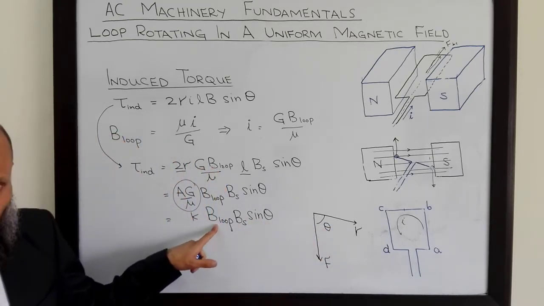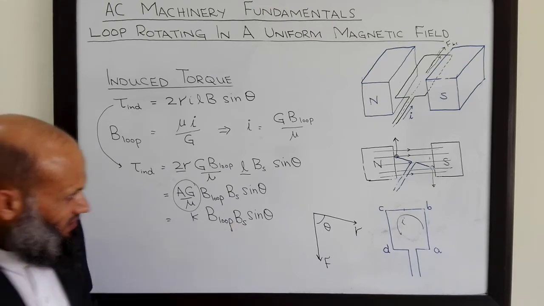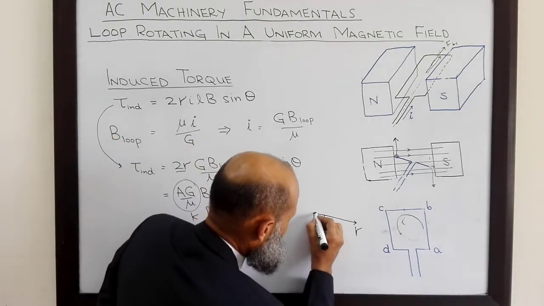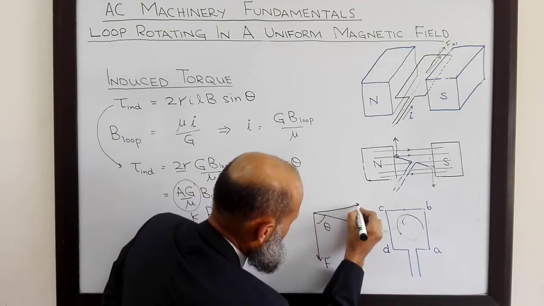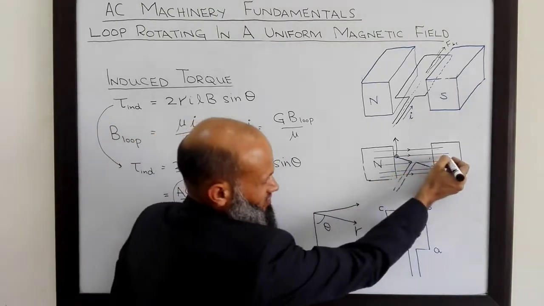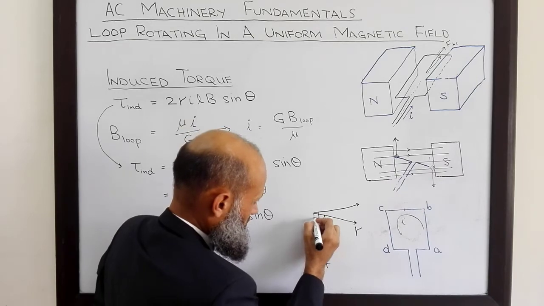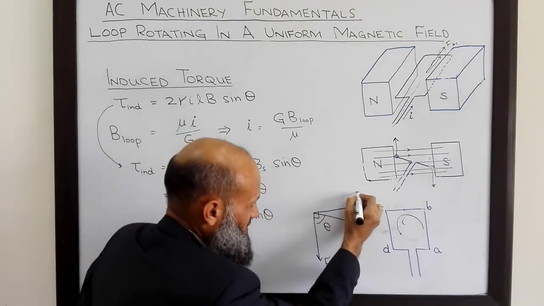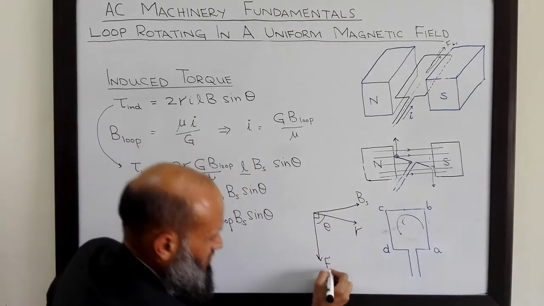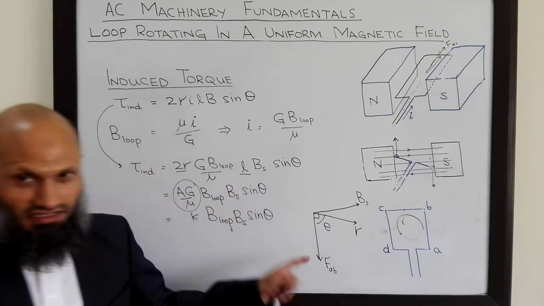So what is direction of B S? This is direction of B S, this direction, which is perpendicular to this force. So the angle between B S and F AB in this case is 90 degrees.